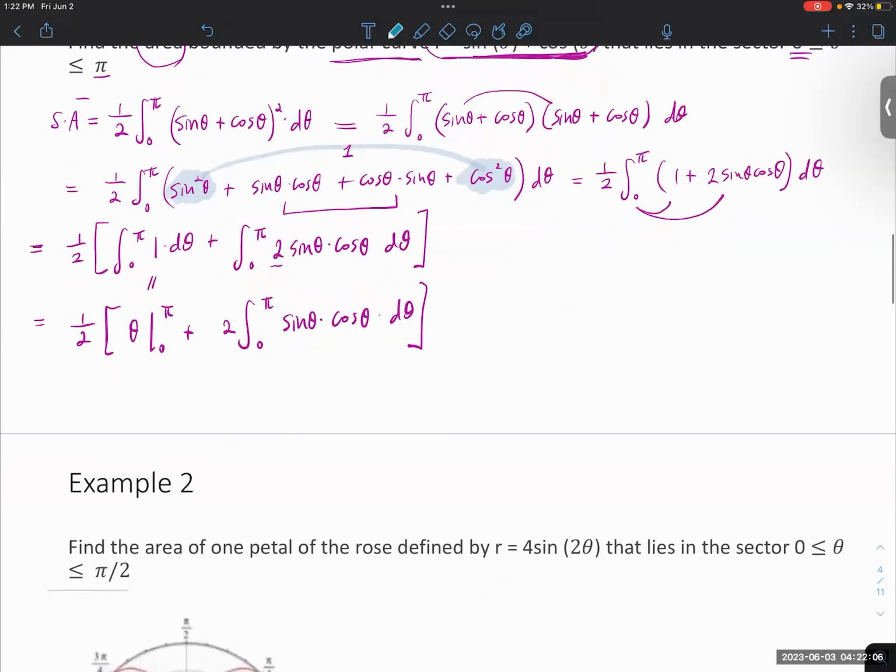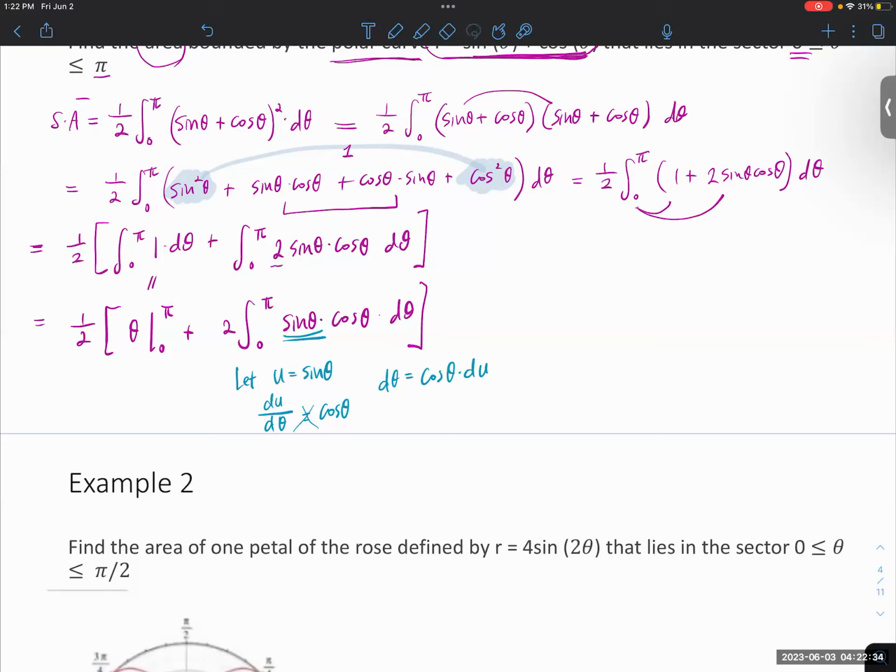According to the u substitution, I'm going to say let u equal sine theta. Then take the derivative with respect to theta. The derivative of sine theta is cosine theta.